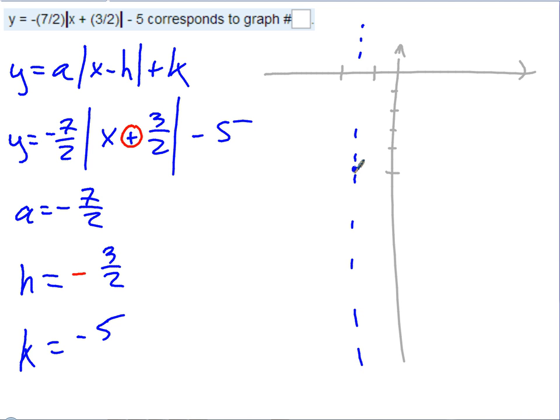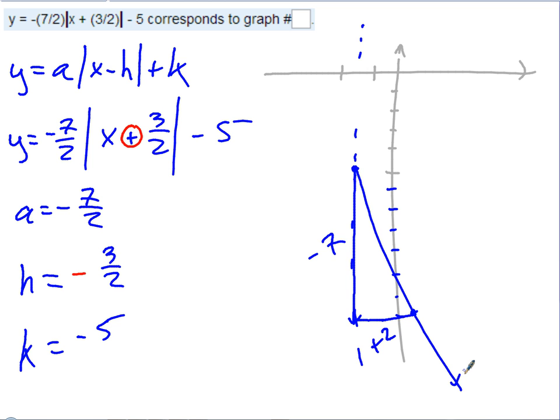From the vertex, I'm going to go down 1, 2, 3, 4, 5, 6, 7, and I'm going to go over 2, which puts me right there. If I started at negative 1.5 and I go over 2, I'm going to be at positive 1/2. So there's my 2 points, using my slope triangle. There's the right side of the V. So the left side will just look like that.